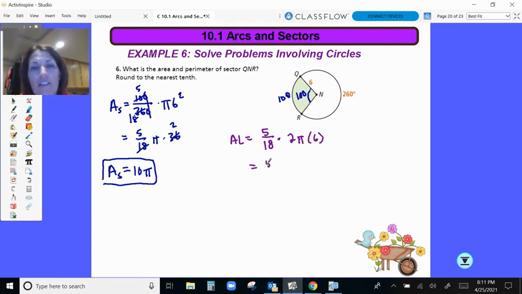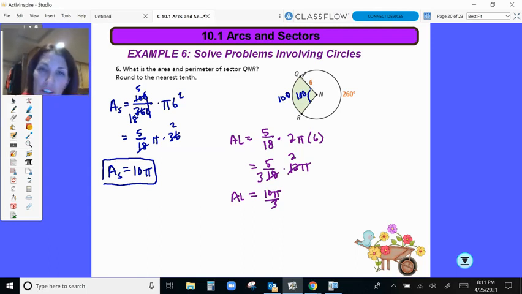So that's 5/18 times 12 pi. And 6 goes into 12 twice, and 6 goes into 18 3 times. So that's 10 pi over 3. That's just my arc length right here, right?